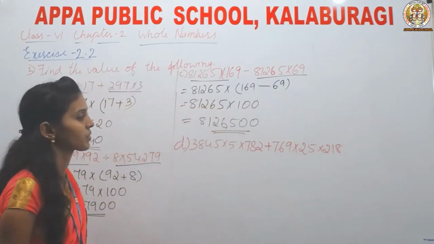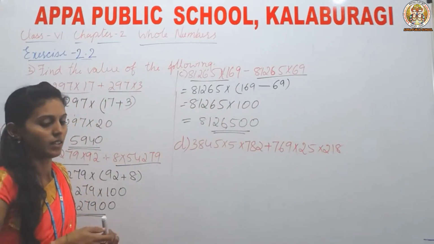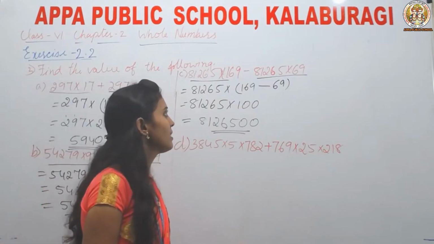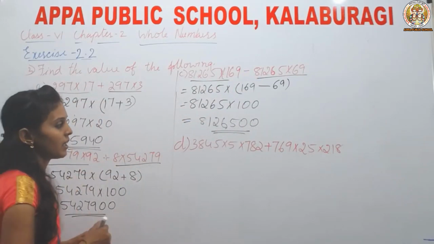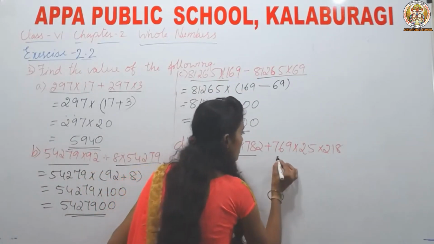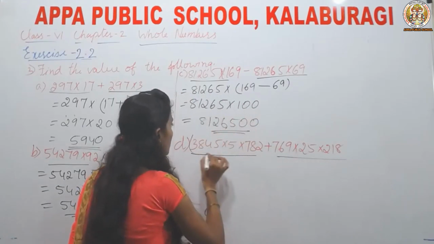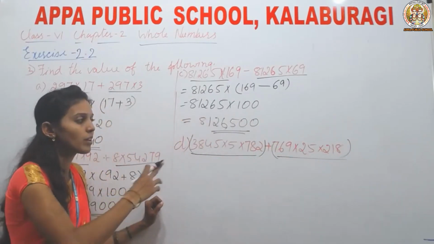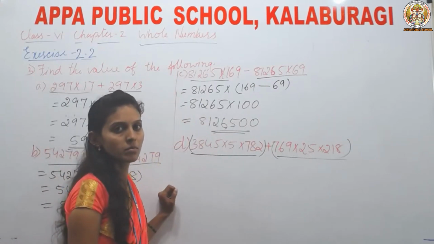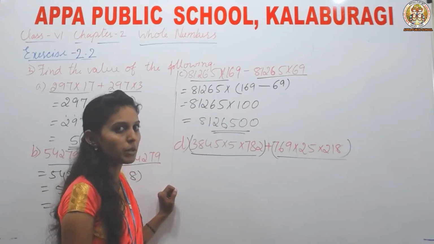This is the given number. Yes, see, up to these numbers they have given a common term. We have two terms: this is one term, this is one more term. But here we don't have any common term, right? So what to do now?